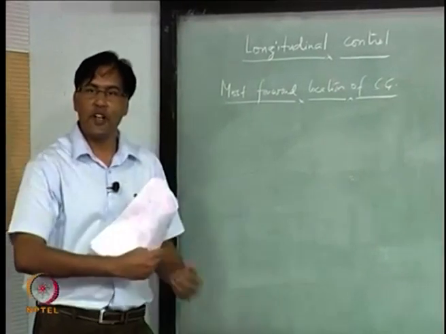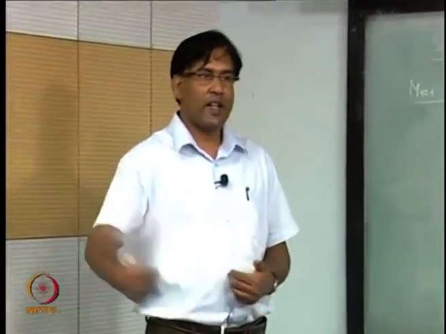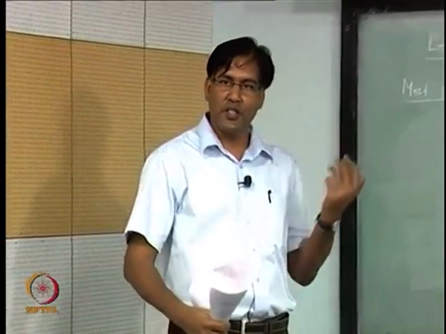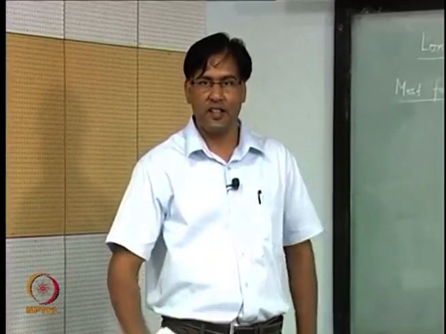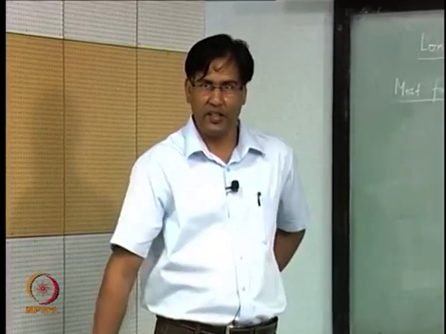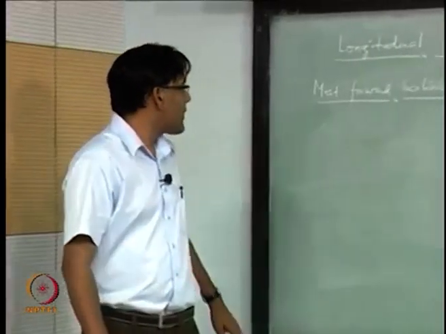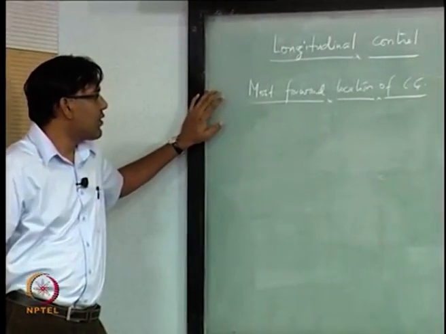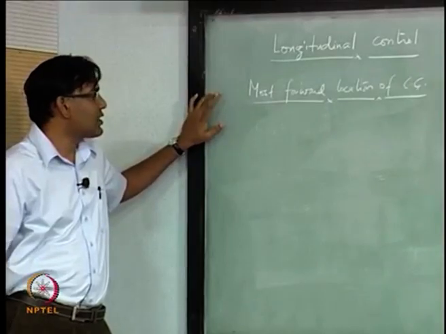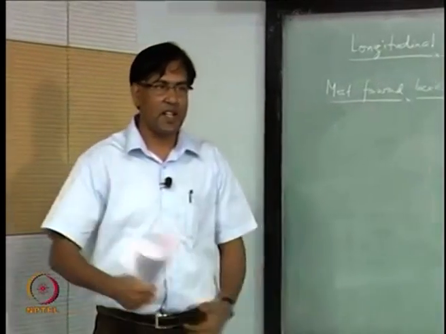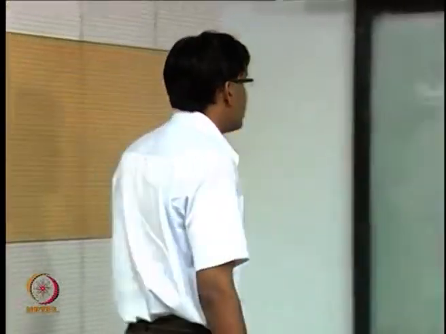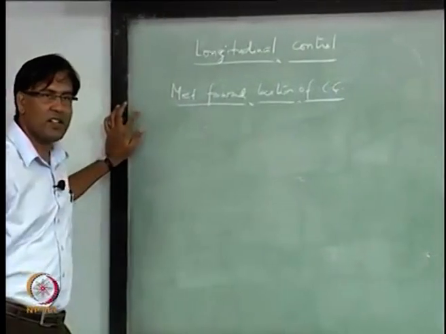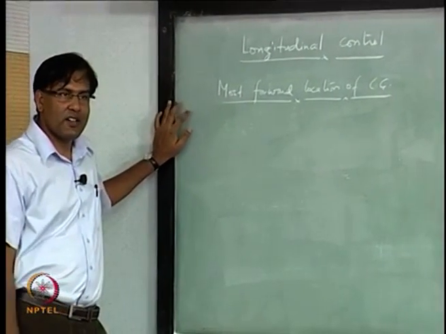So aft is moving towards the tail, okay, forward is moving towards the leading edge, or the nose of the airplane. Now, I want to find out that will give you the maximum stability. CG most forward will give you the maximum stability margin. Okay. So, any answer to that?